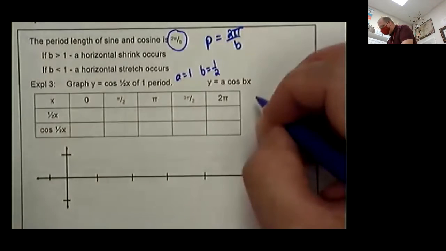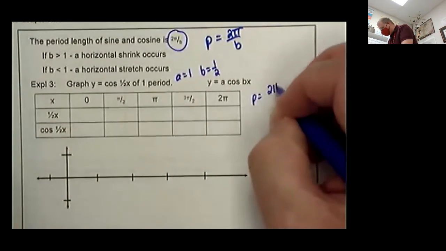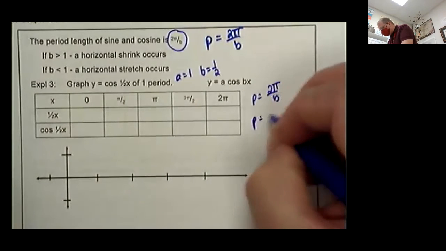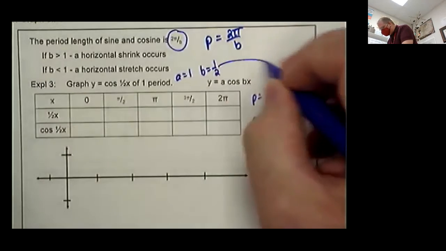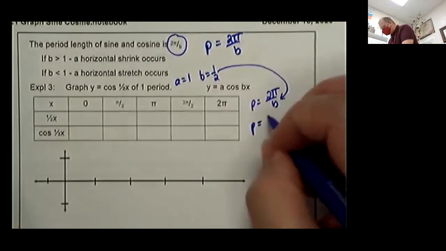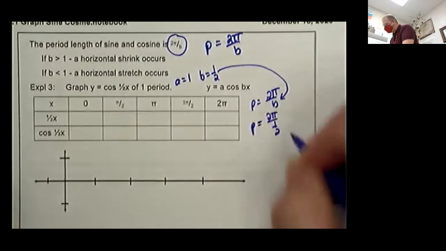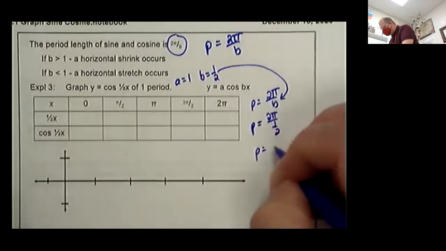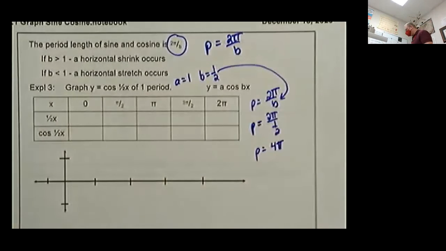We know period is equal to 2 pi over b. Therefore, if we plug in the 1/2, that gets us 2 pi over 1/2. We're going to flip that and multiply. P then is 4 pi. So we're going to go from 0 to 4 pi.